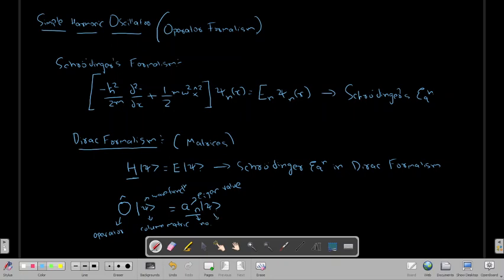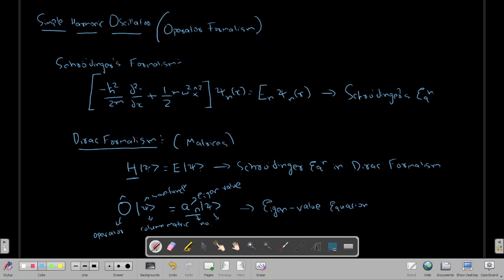You must be familiar with eigenvalue equations in mathematics, where a matrix operates on a column vector and gives you an eigenvalue. This is nothing but an eigenvalue equation, and it is the crux of the Dirac formalism in quantum mechanics.